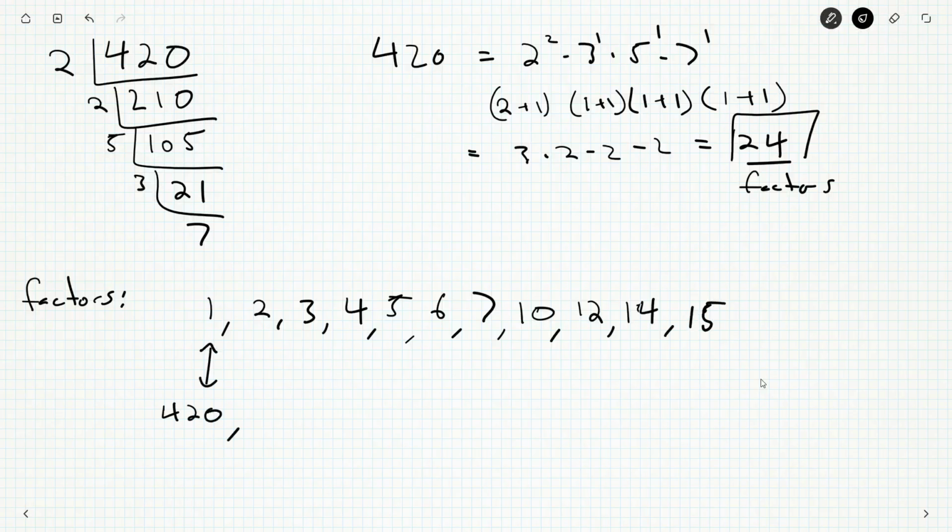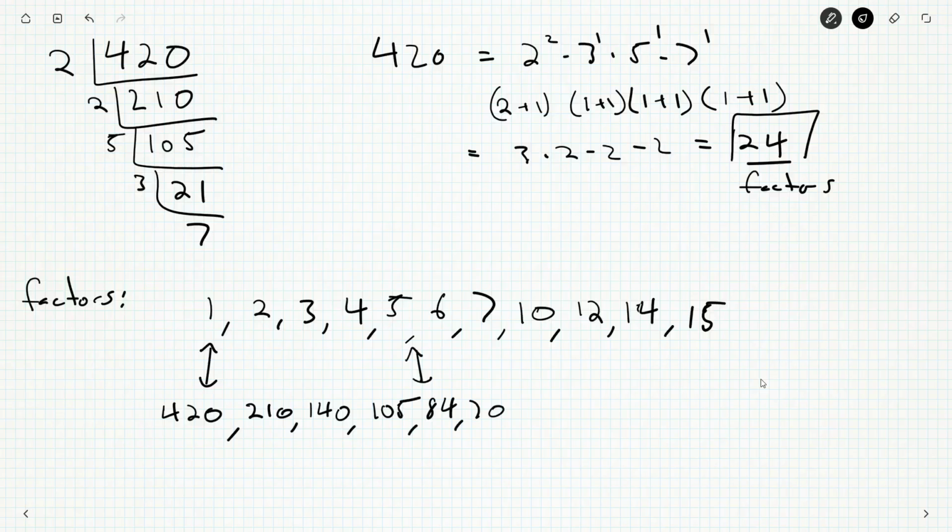1 and 420 multiply to 420. You get 210 here, 140 here. If I divide by 4, it'll be 3 times 5 times 7, so that'll be 105. If I divide by 5, that'll be 84.